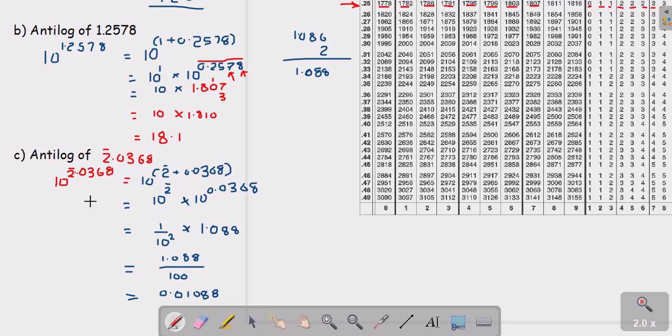So the antilog of 2 bar 0.0368, this is the answer, like that. Okay.